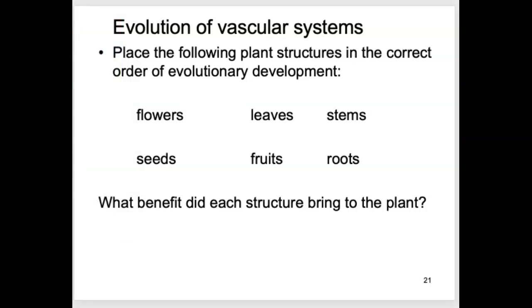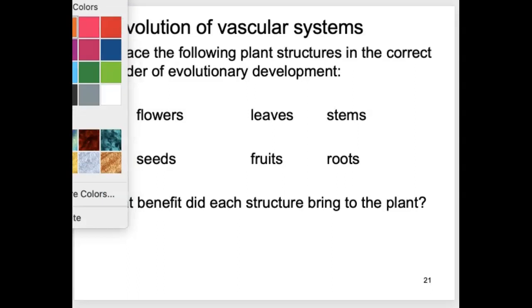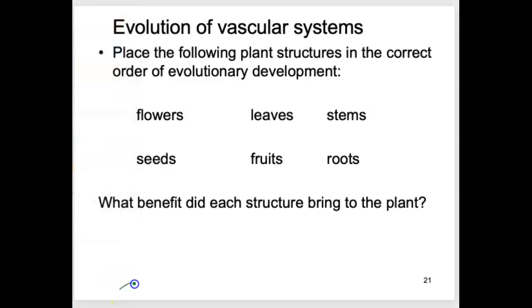The very first structure to evolve to make you more competitive, because, all right, let me actually back up and draw this out, because remember that previous slide where we saw Cooksonia? Here's the liverwort, here's the moss, and then we have Cooksonia, a couple centimeters tall, just big enough to be more competitive.